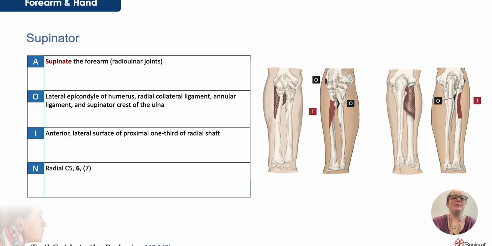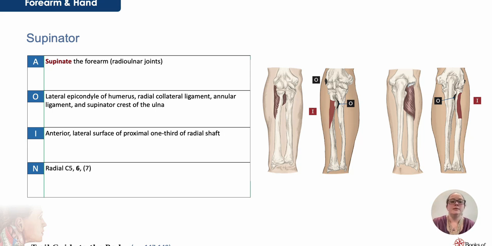So you have your supinator. Please don't get this wrong on a quiz question when I ask, what's the action of a supinator? Because if you say flexion of the elbow, you need to just go home permanently. All right. Because the supinator does that movement of supination, it's going to cross over on the body.